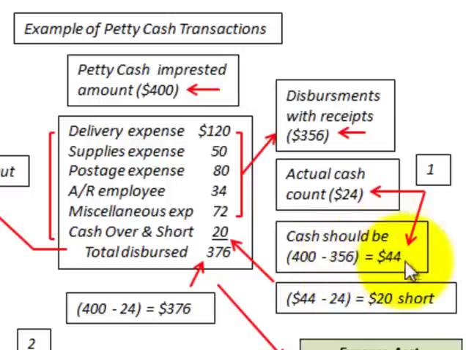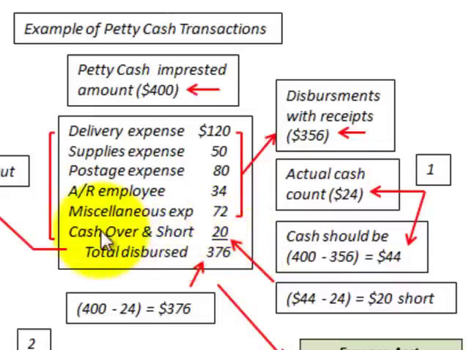So we should have a balance remaining in petty cash of $44. Now we did an actual count of the cash in our petty cash, and we determined that it was $24. So you can see we're short by $20. The $44 minus the $24 gives us a shortage in our account of $20.